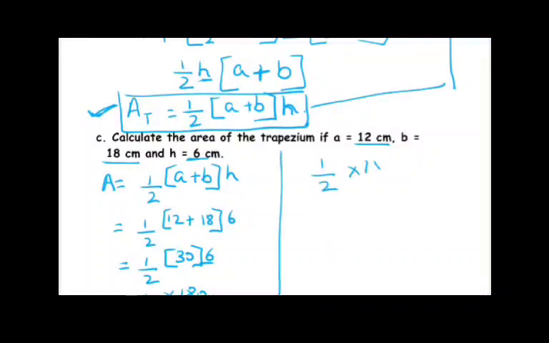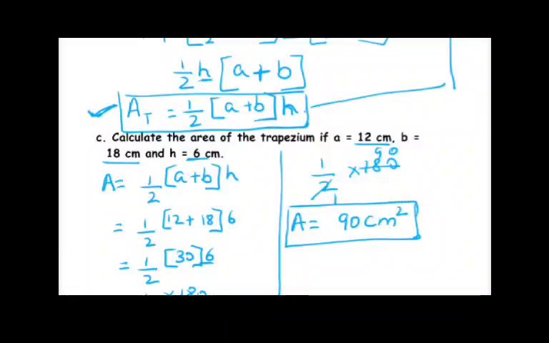Half into 180, 2 1s are 2, 2 9s are 18, 0. So area of the trapezium comes up to 90 centimeters square. Children, area is always denoted by unit square.